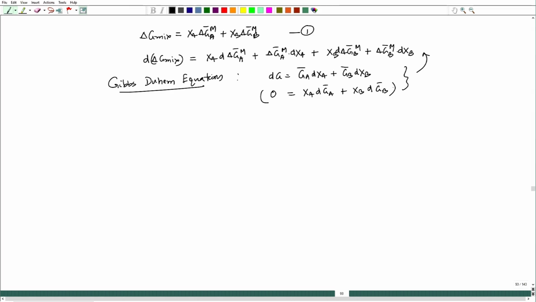Considering this second expression, we can write x A d delta G A bar M plus x B d delta G bar M B should be 0.